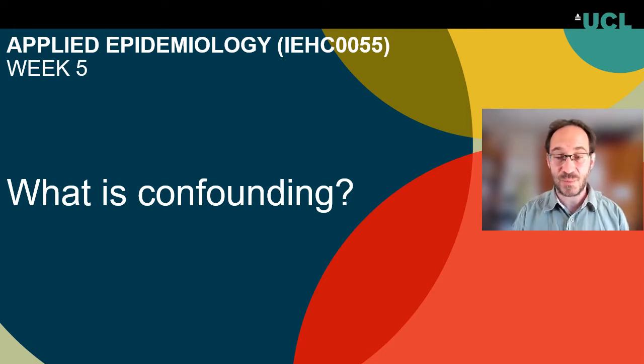Either you read about work done by others, or you design or do your own projects in epidemiology and public health, you need to consider confounding in deep detail. Confounding is an issue that is not very easy to understand, but I'm hoping by the end of this brief video you will get a better grasp of this concept.